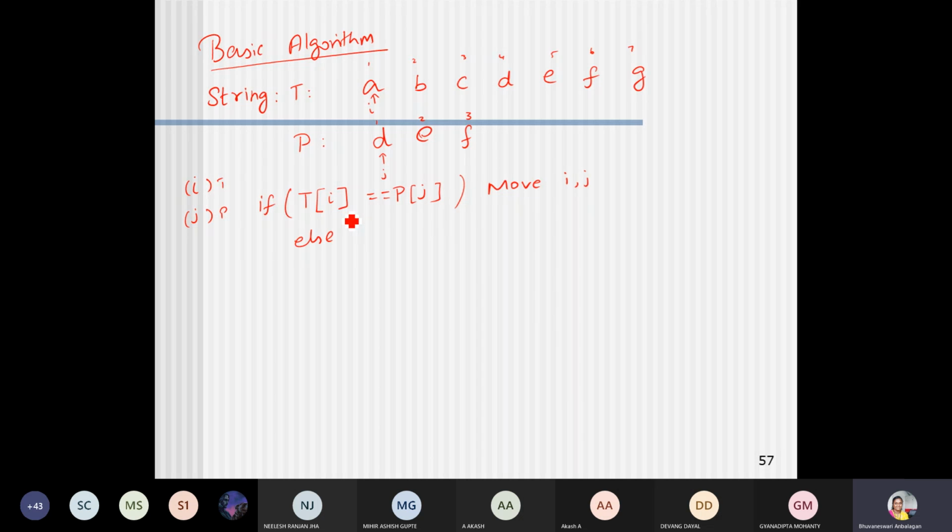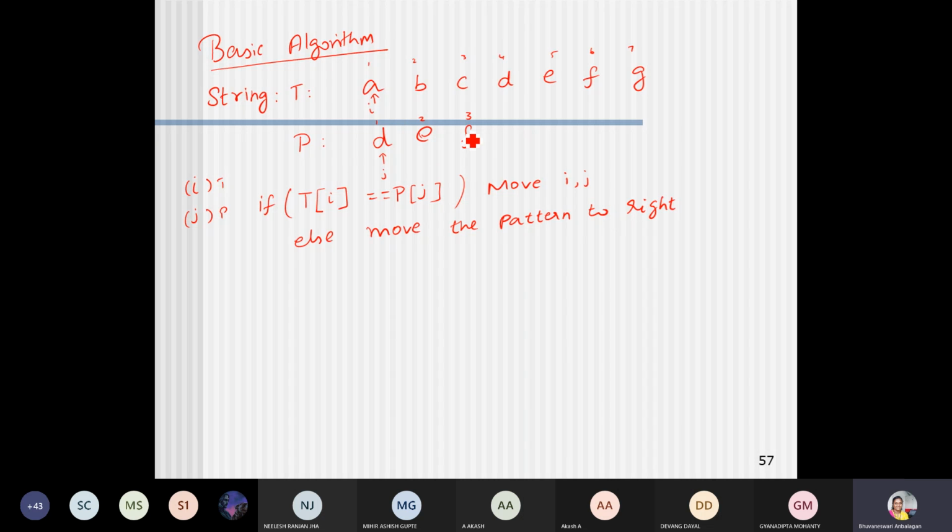Otherwise, if the pattern is not matched with the text, you have to move the pattern to the right.